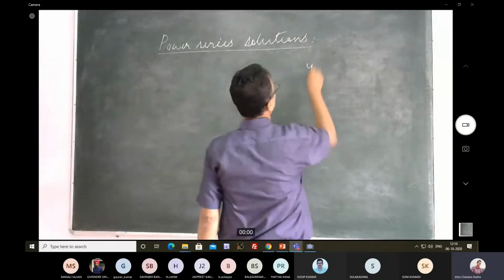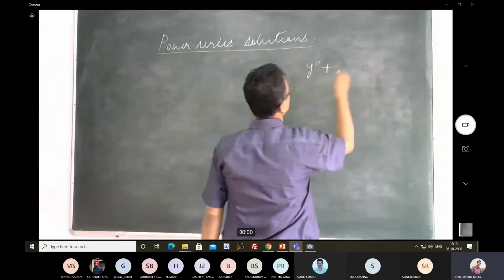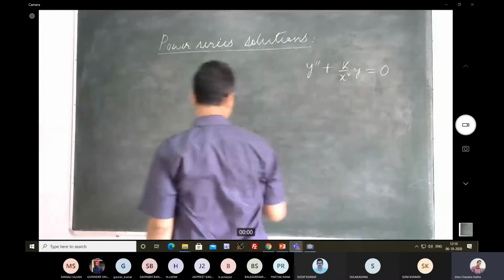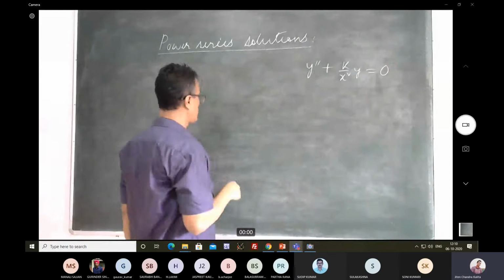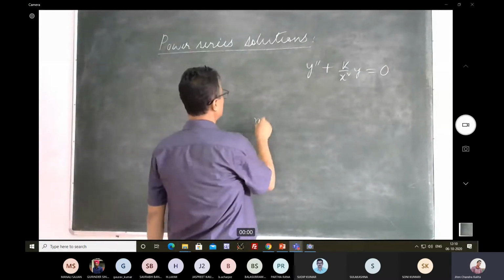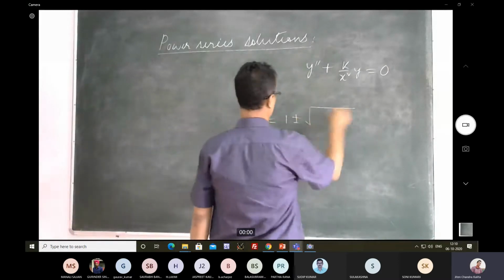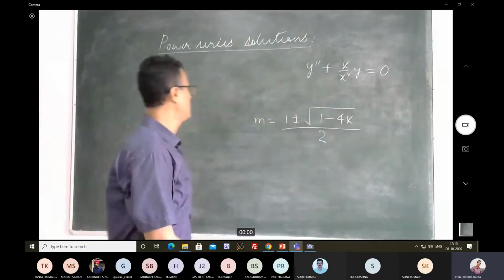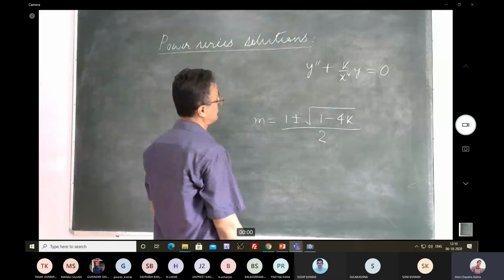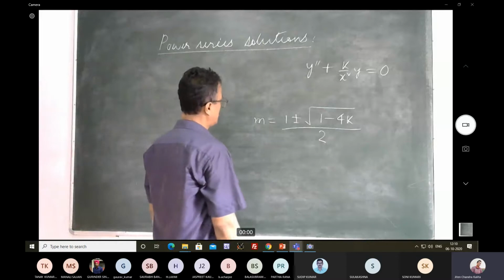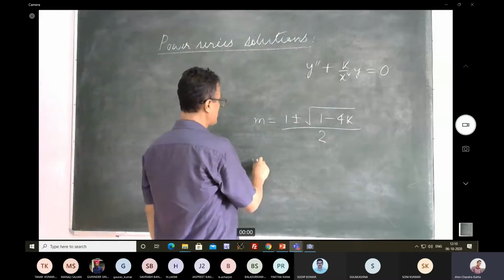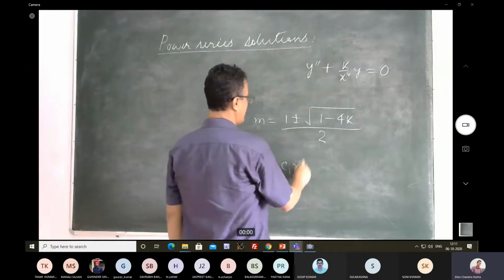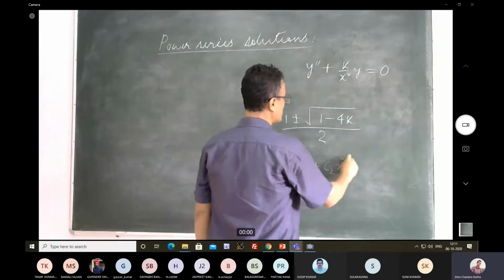If you recall, in this example, while trying to solve the auxiliary equation, there's something like 4k divided by 2, and then I told you that if m is real, then the solution is going to be of the type c1 x to the power m, c2 x to the power minus m.